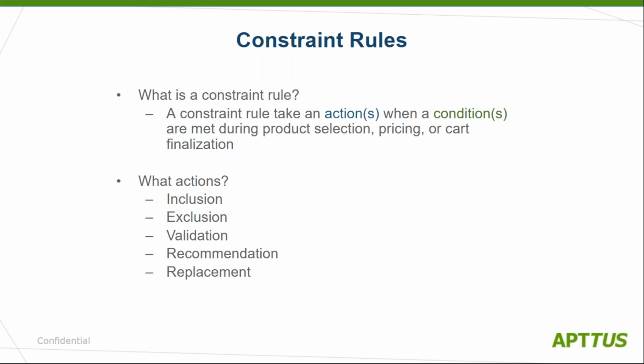We can set up different types of constraint rules: inclusion, exclusion, validation, recommendation, and replacement. So there are 5 types of actions that we can take by setting up the constraint rule.